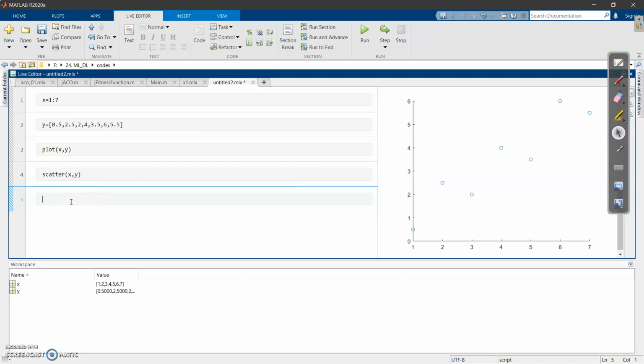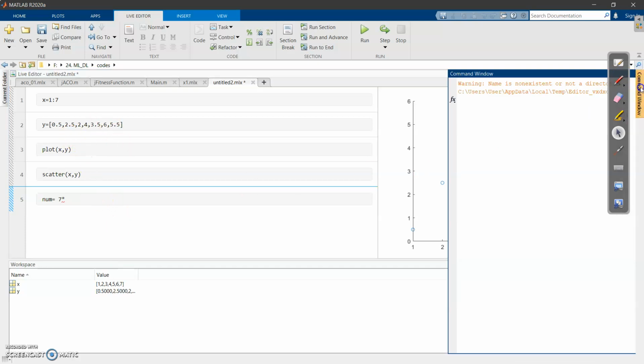First, let's do it differently. Numerator. What was the numerator? That was n, that means 7, the length of x. I'm just writing 7 because there are 7 elements. Multiplied by, you have to multiply x and y.